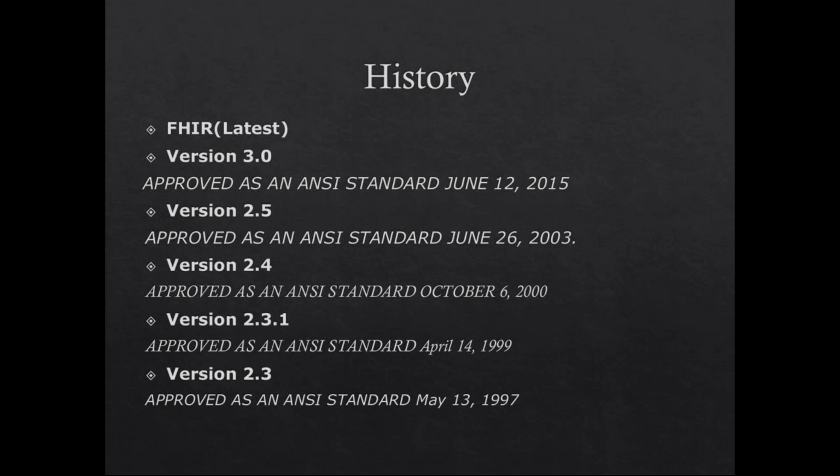Before that, we had version 3 released in June 2015. But version 3 is not very well accepted by the industry. You will find very few hospitals or practices using version 3 as their standard. Out of 100%, you might just see 5 or 7 or 10% of hospitals using version 3 as a standard.